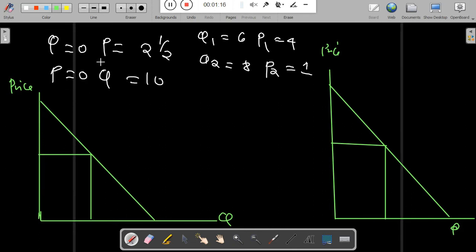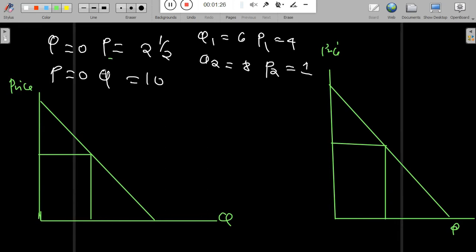So we plug in the values of price. When we indicate the value of price 1, those values that we indicate on the upper side, we have 2 1/2 and we have 10. We indicate the equilibrium price.